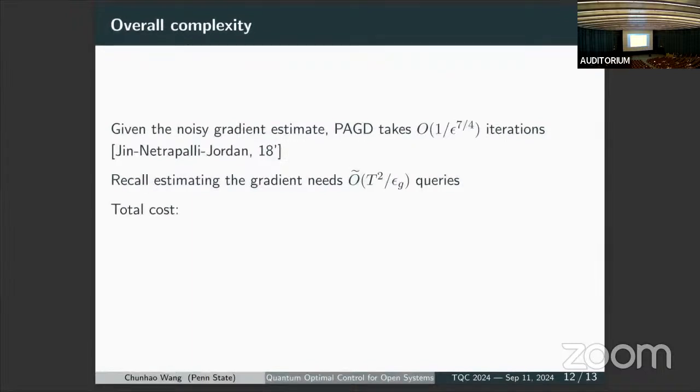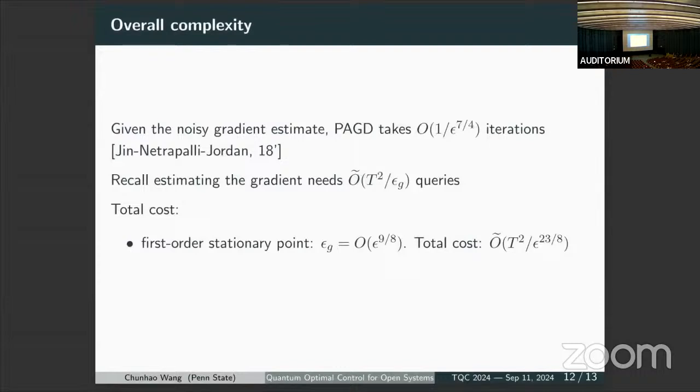Then the total cost is like this. If you are satisfied with the first order stationary point, then you can choose this quality of gradient estimation to be this. Then the total cost is just T squared over epsilon to the 23 over 8, slightly less than epsilon cubed.